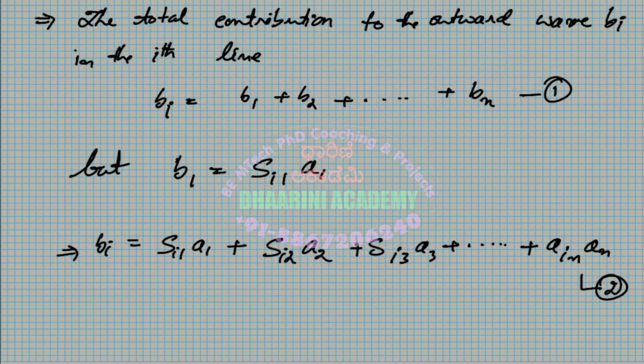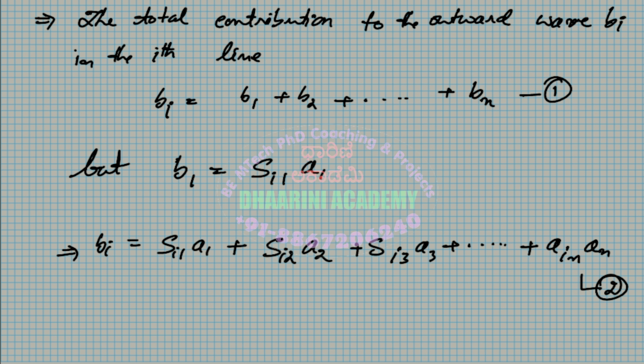For example, if you have 4 different ports in a junction, you can give input to the first, second, third or fourth one. But when you give input at the first one, 2, 3, 4 are the outputs. In this case also, there is a junction in the circuit, and from the junction I have n different branches. Out of those n branches, input is given to one of them, and you take output from the remaining n minus 1 branches.